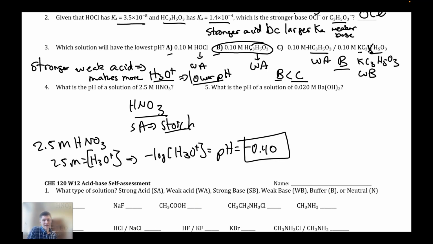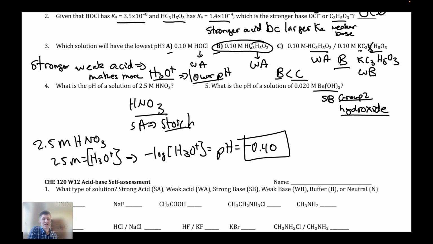In the case of 5 here, for 0.020 molar Ba(OH)2, this is one of our strong bases because, again, in this case, it's a group 2 cation plus a group 2 hydroxide. That is, again, in our definition of a strong base.